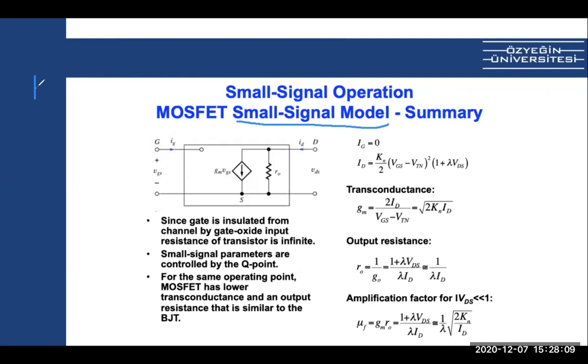For the BJT, for instance, you have a base here, you have a collector, you have an emitter, right? So the names will just be replaced. The gate will be base, the source will be emitter, the drain will be collector, and the logic will be the same.